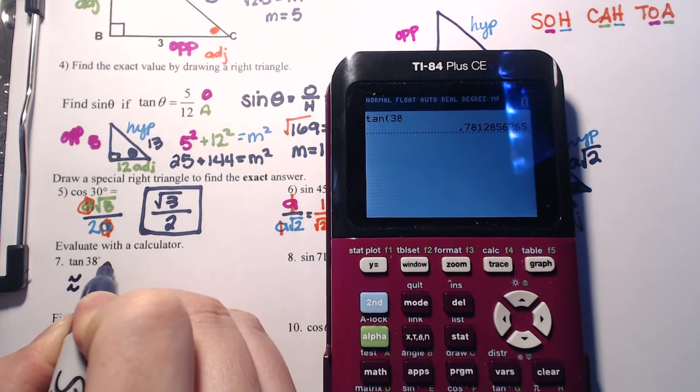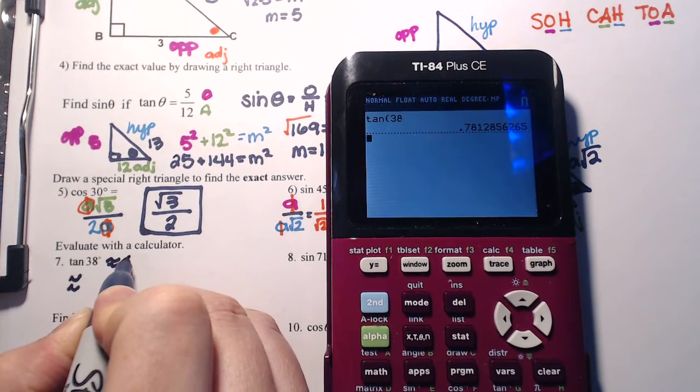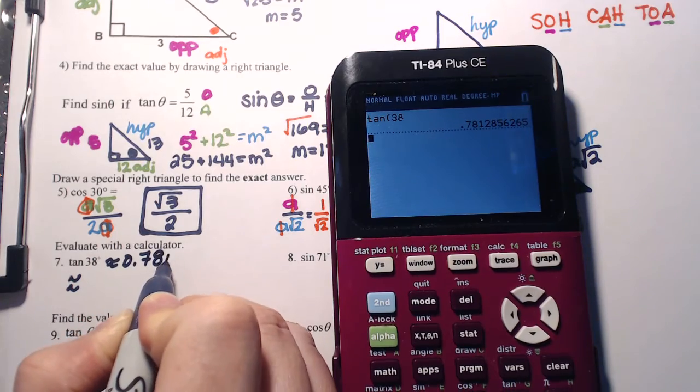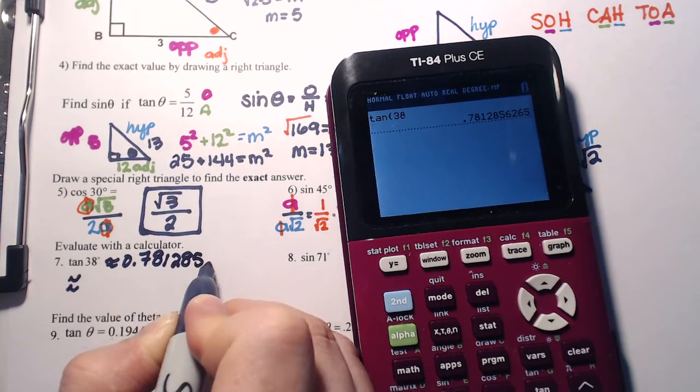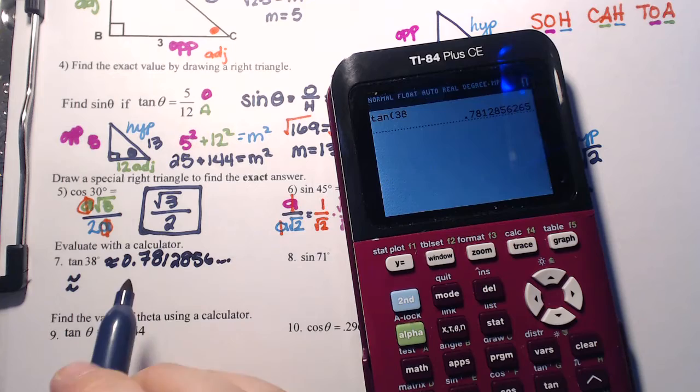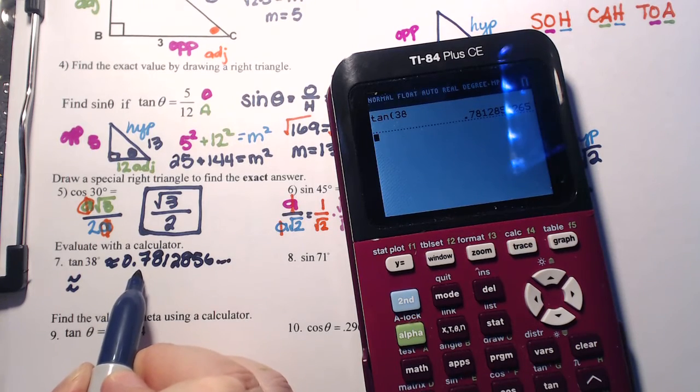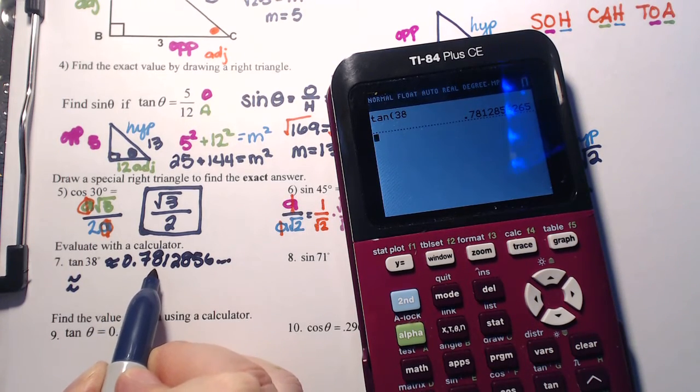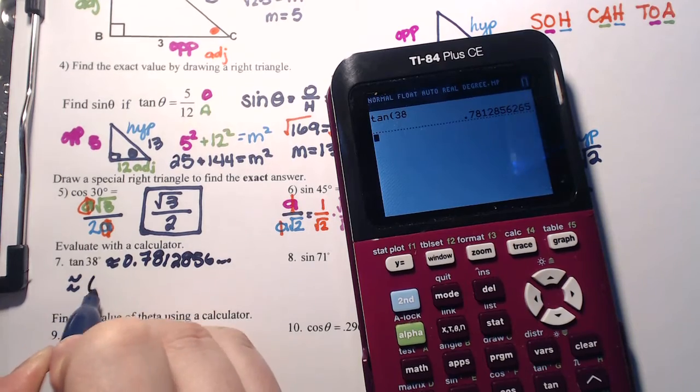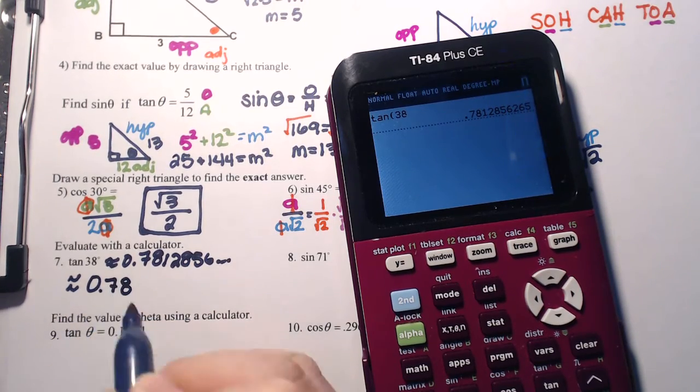So if this is 0.781285 stuff, the hundredths place, remember this is the tenths, so this is the hundredths, this is less than 5, so my answer is 0.78.